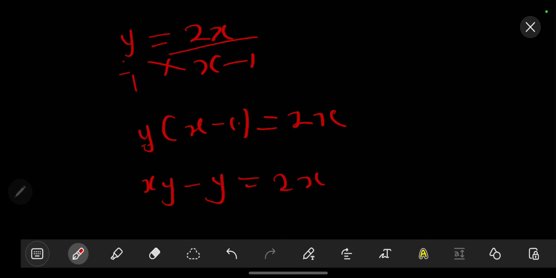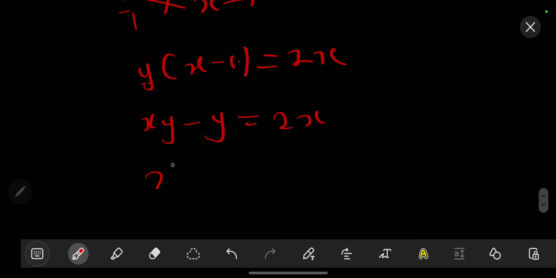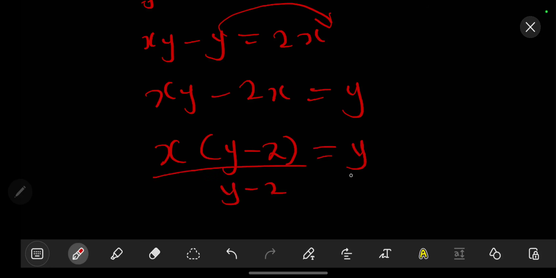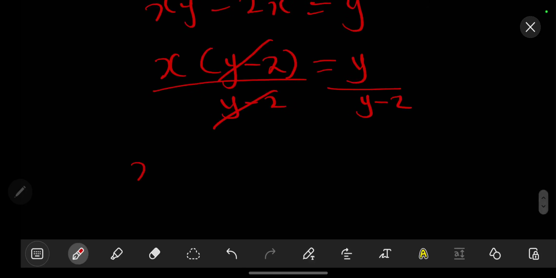Let's make x the subject of the formula. So we have xy minus 2x should be equal to y. When it goes that side, it will be positive y. Factorize the x. So we have x, open brackets, y minus 2, should be equal to y. We divide by y minus 2 on both sides. This gives us x is equal to y over y minus 2, like that.